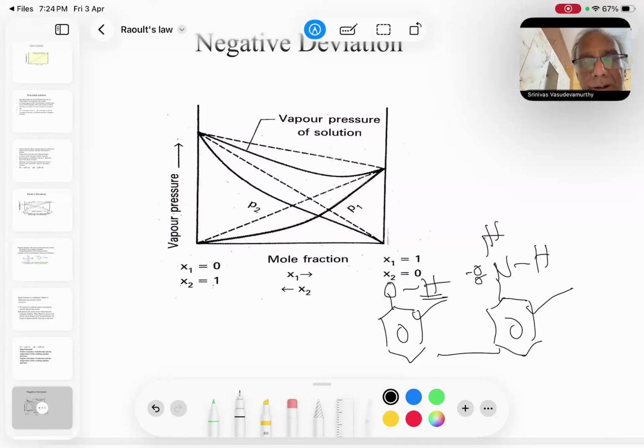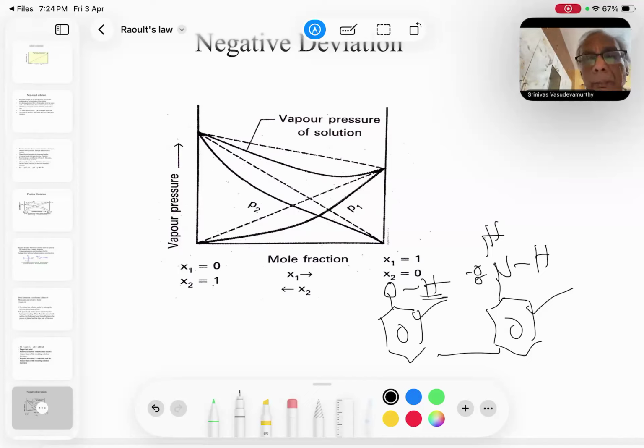The negative deviation curve is shown here. X-axis mole fraction, Y-axis vapor pressure. The dotted line shows the ideal solution. The curved line shows the non-ideal solution showing a negative deviation. It is below the dotted line because it's a negative deviation.